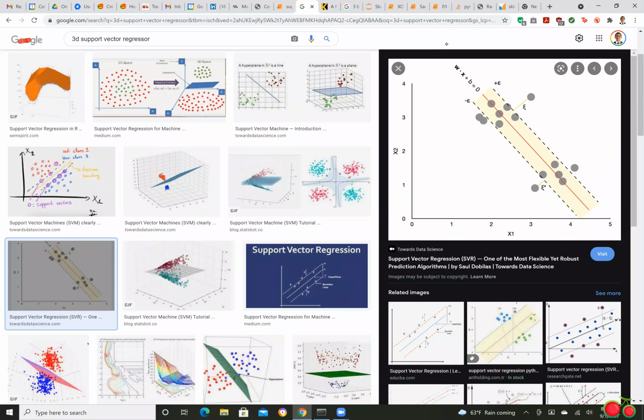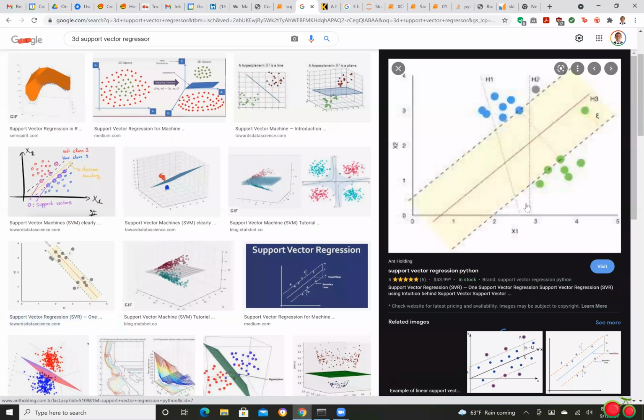You guys need to know that these are lines or planes that pass through the boundary values in a data distribution, either to find the empty space between two groups of data in the case of a classification problem, or to accommodate as many observations between them as possible, so that the line of best fit or the plane of best fit passes through these points as closely as possible, reducing the error of prediction.